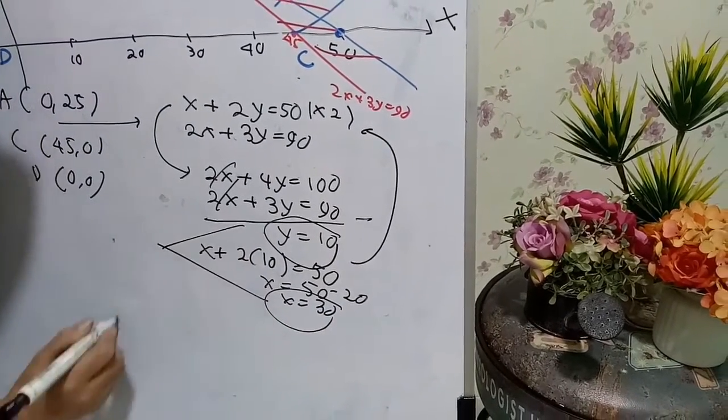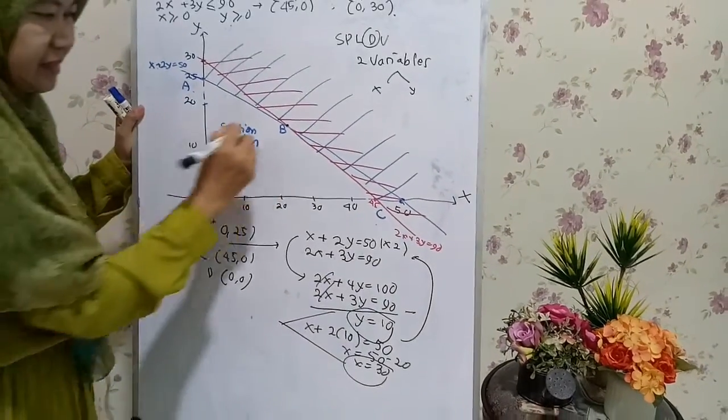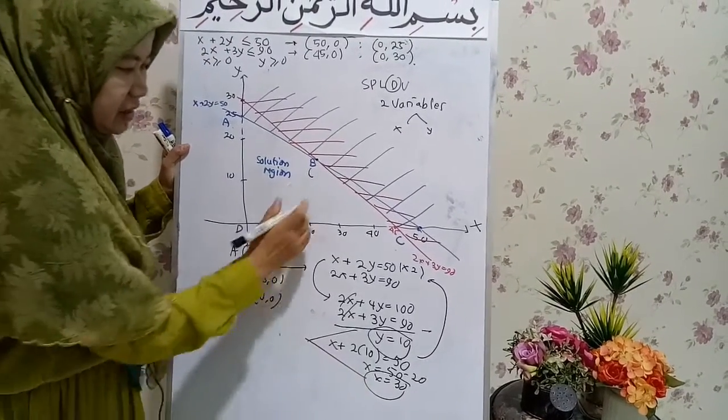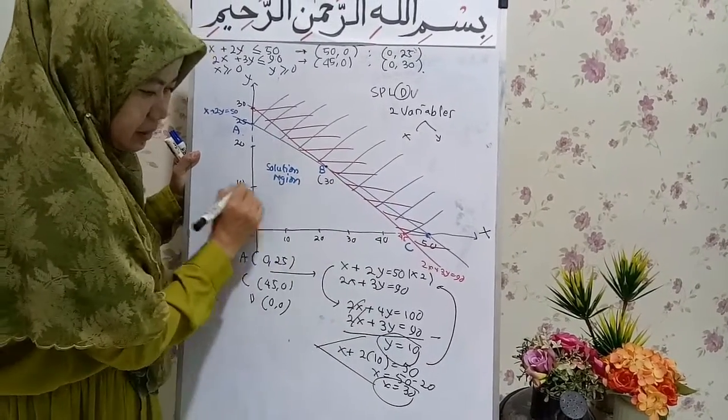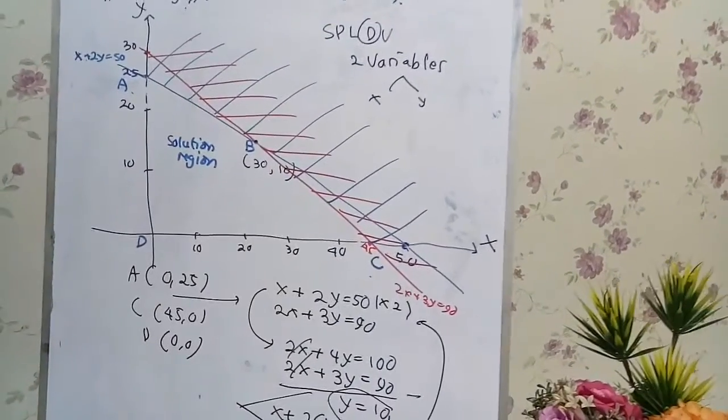Now we have a point. So this point B has a coordinate of (30, 10).